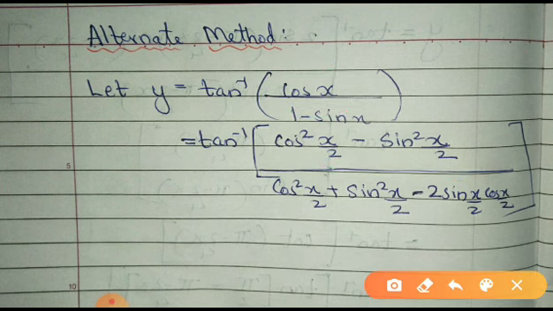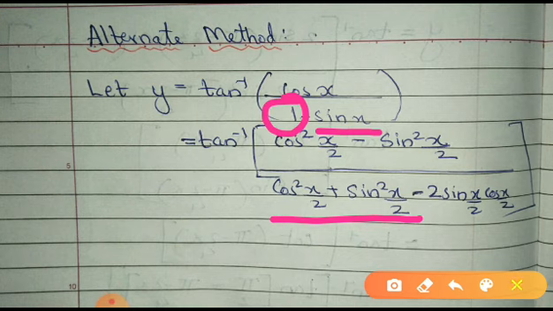Then instead of 1, I have to write it as sine square x plus cos square x. Sine 2x, that is 2 sine x cos x. Okay. Only the thing you have to consider is the angles become half angles.